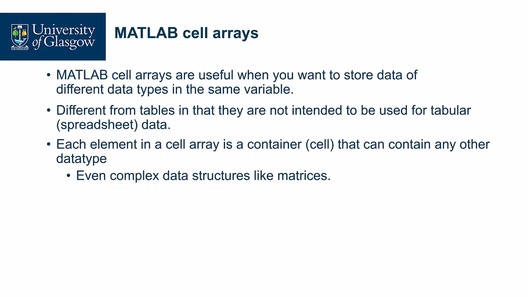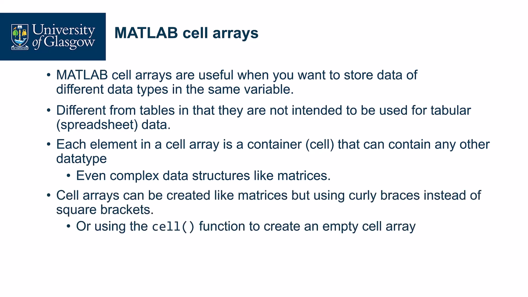So how to create a cell array? We often use curly braces or the cell function. The cell function, cell with parentheses, creates an empty cell array for us with a determined size. And curly braces is a more useful way, where we can just put the contents in.